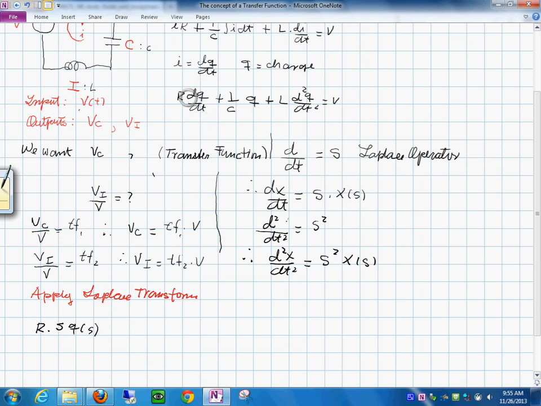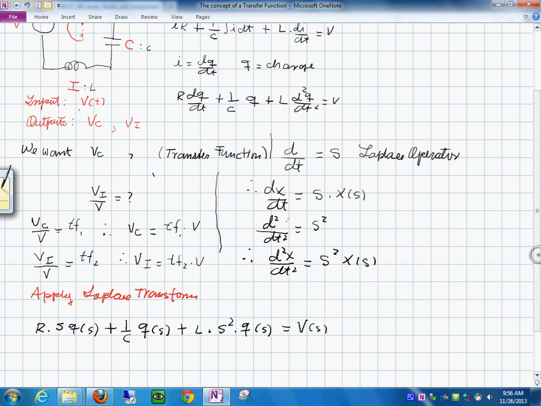That's for this term. This other one is plus 1 over C times q of s, plus L times s squared times q of s. This is equal to the voltage in the S domain.